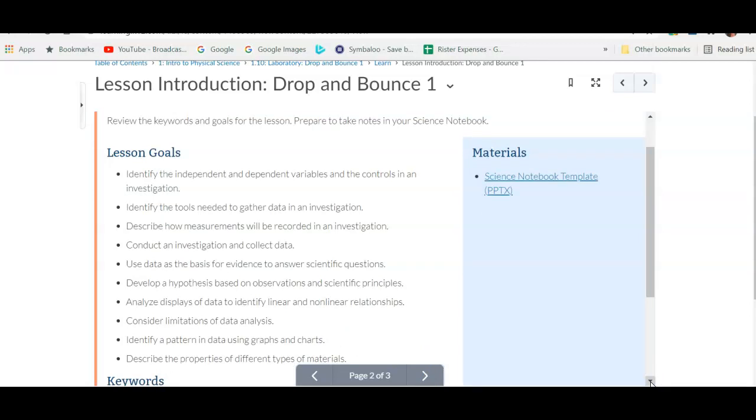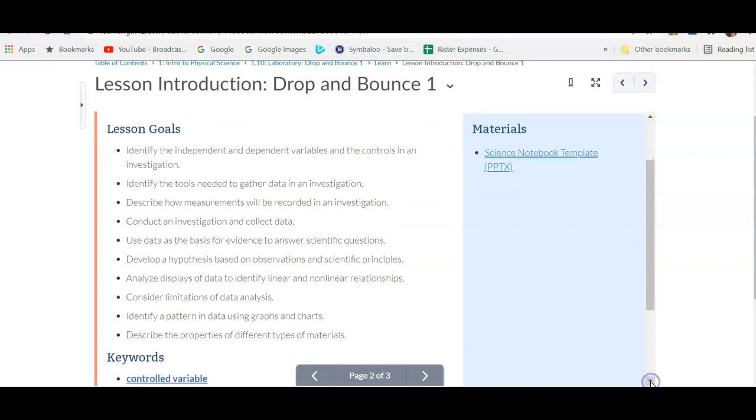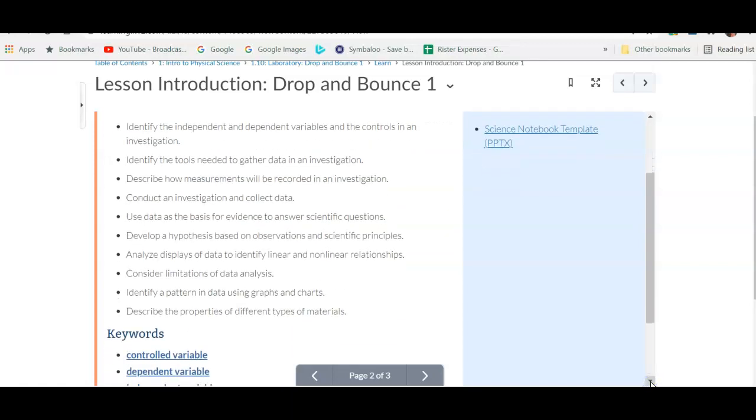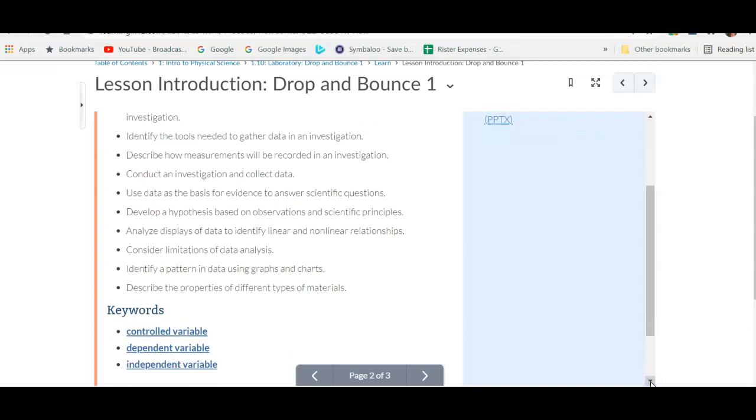You're going to use the data as a basis for evidence to answer questions, develop a hypothesis, analyze displays of data to identify linear and non-linear relationships, consider limitations of data analysis, identify a pattern using graphs and charts, and describe the properties of different types of materials.